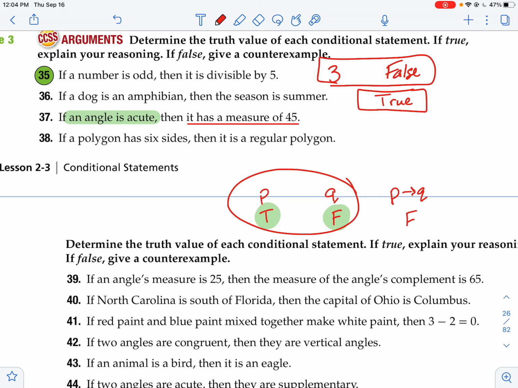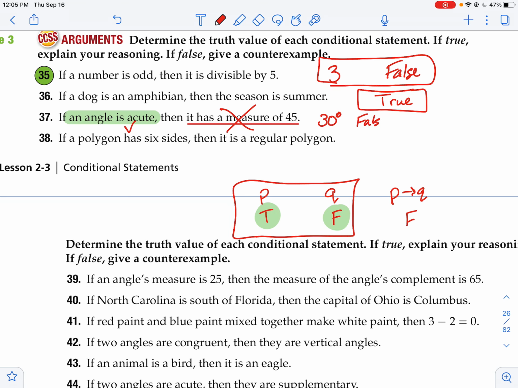And if I can, then that is a false statement, because then I have true hypothesis, false conclusion. So I could do 30 degrees. If I had 30 degrees, then I have a true hypothesis, it is acute, and I have a false conclusion, it is not 45, which means that this must be a false statement.